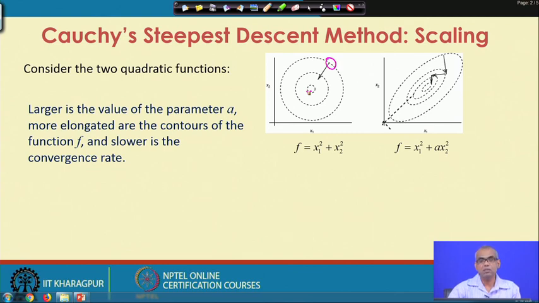So, the minimum is 0. But for the second function x1 square plus a x2 square, you see that it takes longer for the steepest descent method to go and hit the minimum at x1 equal to 0, x2 equal to 0, where the function value is equal to 0.